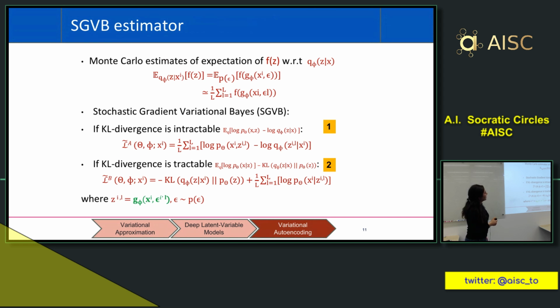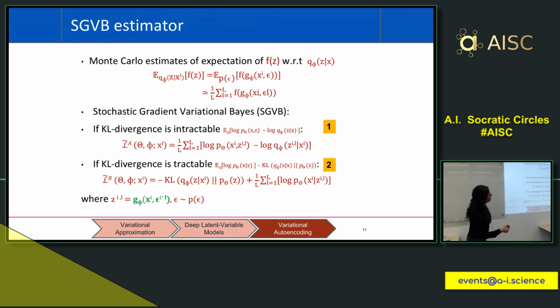So if the KL divergence is intractable, f is the entire thing in this bracket. Or if the KL divergence is tractable, has a closed form solution, and if we use Q as a Gaussian distribution, it results in a tractable KL divergence.